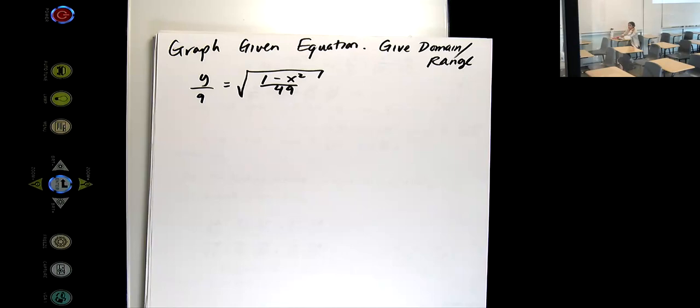We've got a square root. The easiest way to deal with the square root is to get rid of it. And how do we get rid of the square root? We square it. When we square it, we potentially introduce new information. So it's worth noting down now any restrictions that are being placed on this.